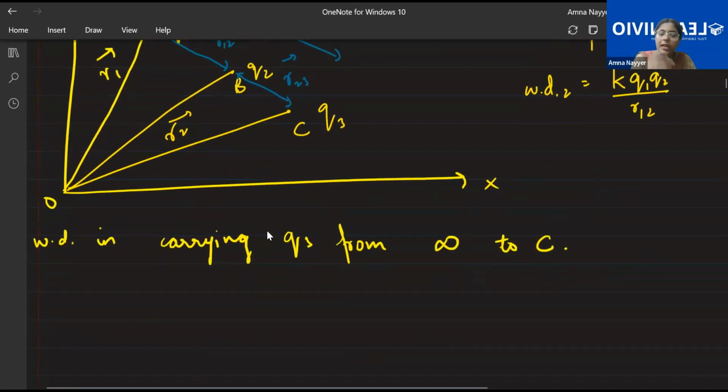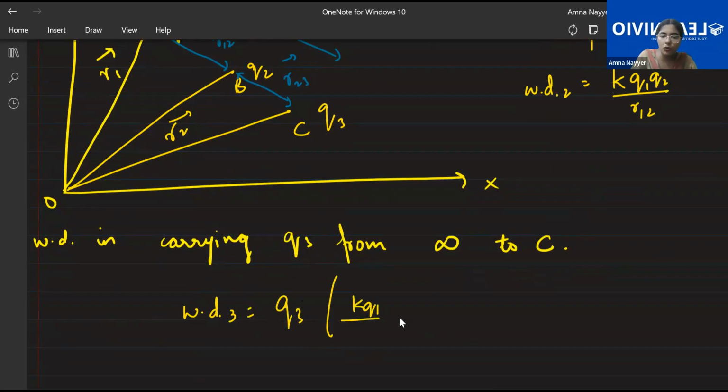See, when we are bringing Q3 from infinity to a point, how will we calculate the work done? Work done W3 will be Q3 times the potential. What's the potential? K Q1 by R13, the potential due to the first one, plus K Q2 by R23, the potential due to the second one. First tell me, is this line clear to all? This is like the previous one only.